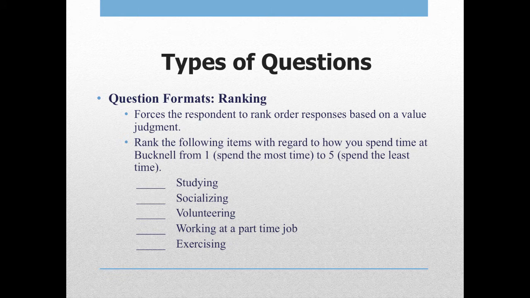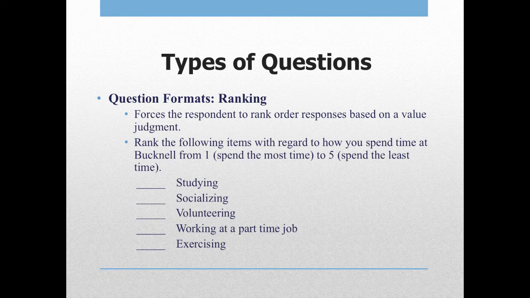Some other types of closed-ended questions, I guess you would call them, we're going to go through now, starting with ranking. This is just what it sounds like. You just force people to rank stuff. So they get 5 things here: studying, socializing, volunteering, working at a part-time job, and exercising. You rank them from 1, spending the most time, to 5, spending the least amount of time.